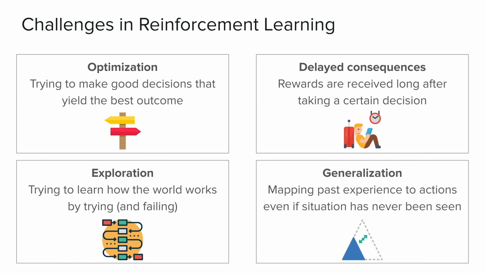The fourth challenge for reinforcement learning that is specifically tricky here is generalization, where we try to generalize from something that we already know to something that we have never seen before. When you think about reinforcement learning, it would mean that we want to have a set of rules that tell us how to operate and which thing to do at each time step, even if we've never seen the situation before.